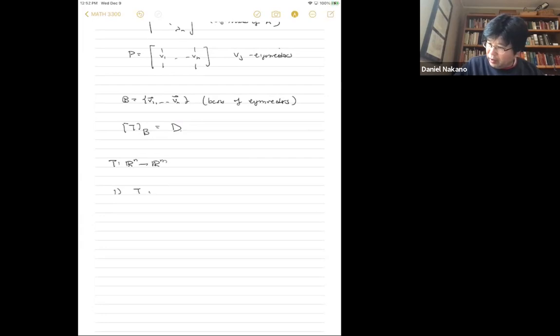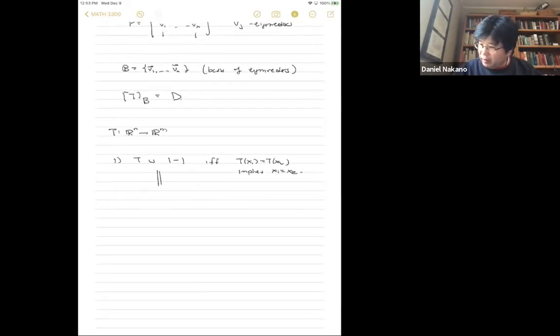T is one-to-one if and only if when I take T of x1 equal to T of x2, this implies that x1 is equal to x2. Now, that's the general definition of one-to-one. But in practice, we can test one-to-one by knowing about the homogeneous solutions for A.